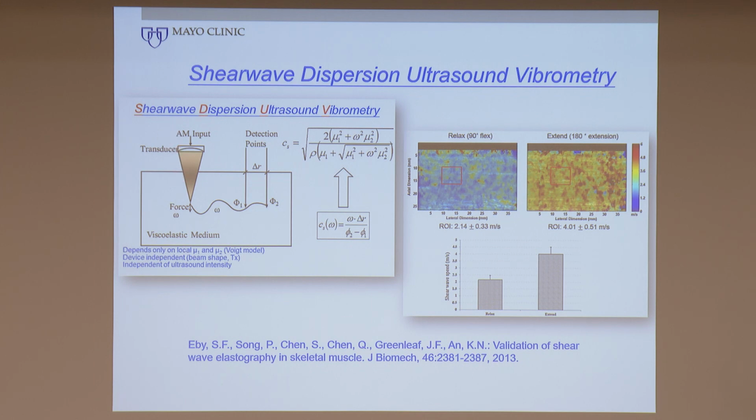With the ultrasound, you can capture the wave propagation based on the phase gradient. If you know the wave propagation velocity, then you plug it into this equation. Mu1 and mu2 are the elastic modulus and the loss modulus. From that, you can get material properties. This is the principle they use for either MRE or ultrasound shear wave elastogram.